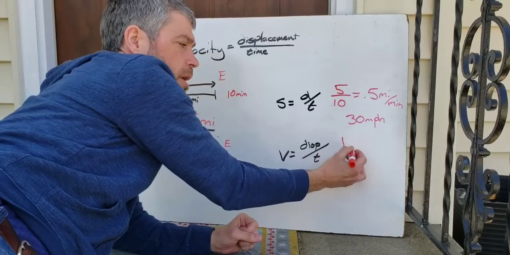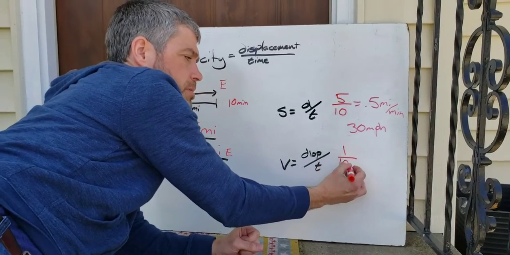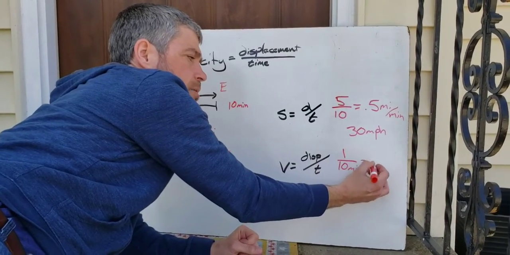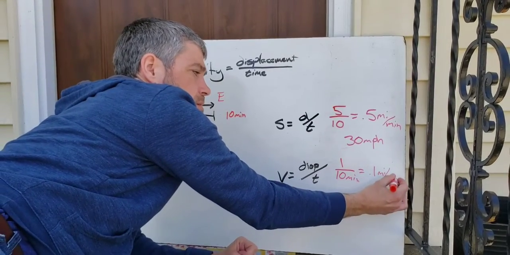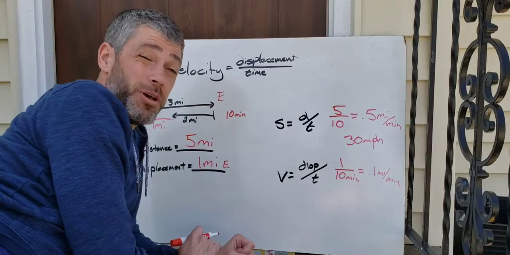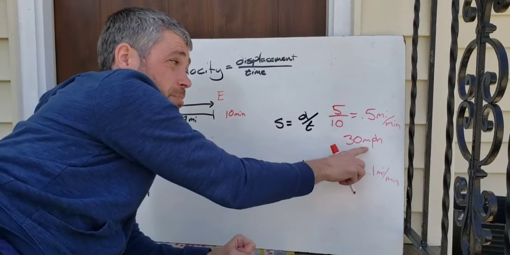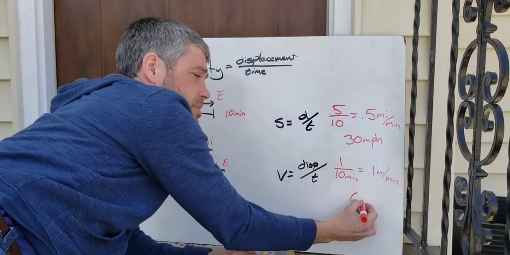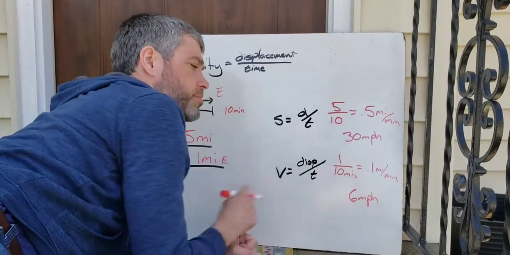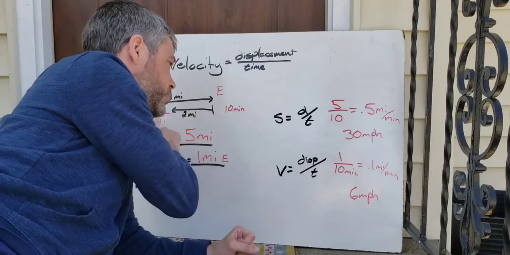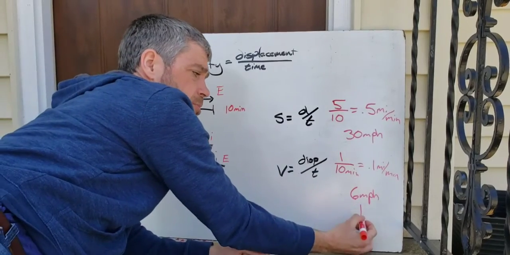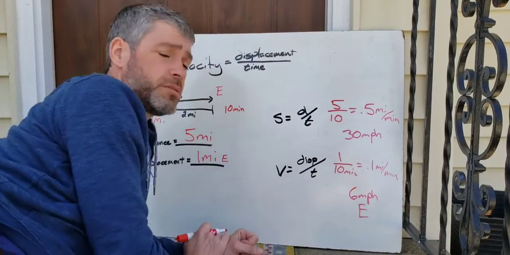So if I do 1 mile divided by 10 minutes, that equals 0.1 mile per minute, which if I multiply that by 60 to get miles per hour, that's only 6 miles per hour. But it's not a velocity until I add a direction, so I need to make sure that I get my 1 mile that I was going east. This would be 6 miles per hour east.